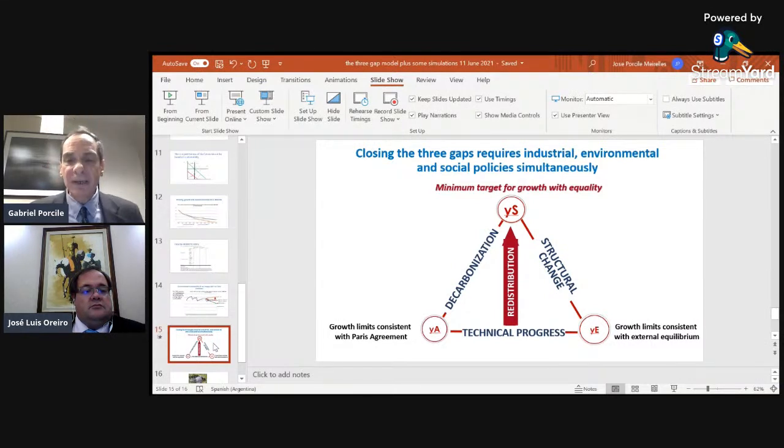So technical progress is on the basis of our triangle, relating structural change and decarbonization in a way that allows the convergence between the rate of growth with external equilibrium and the rate of growth consistent with our nationally determined contributions.